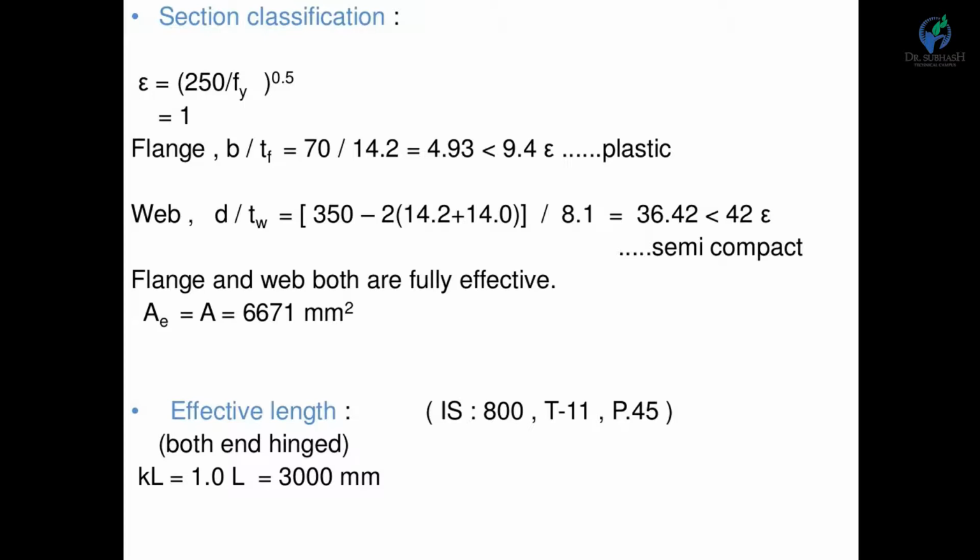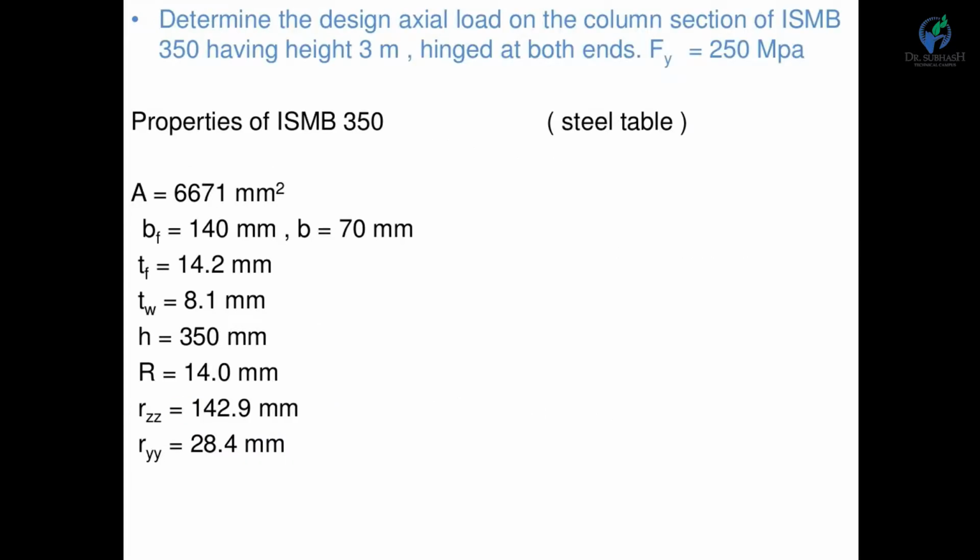Now for the web we calculate D upon TW. D is not directly given in the steel table; you can find it from H. The total height of section is given as 350, and from that you deduct 2 times the root radius. You have to see in your data: root radius is 14 and thickness of flange is 14.2.